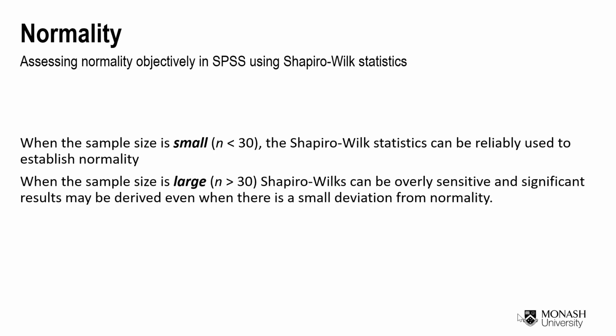However, it is important to keep in mind that when the sample size is large, for example, greater than 30 participants, Shapiro-Wilks can be overly sensitive and significant results may be derived even when there is a small deviation from normality.